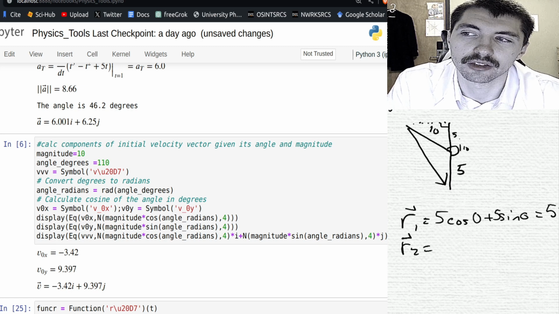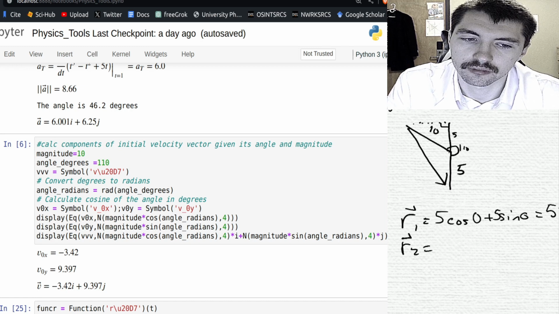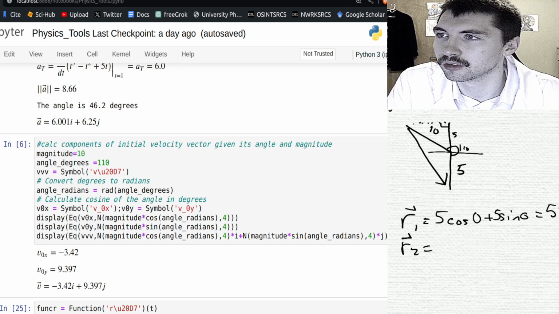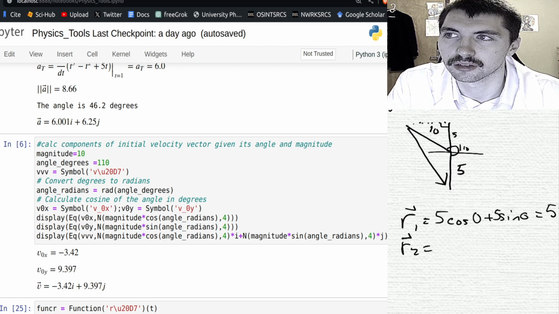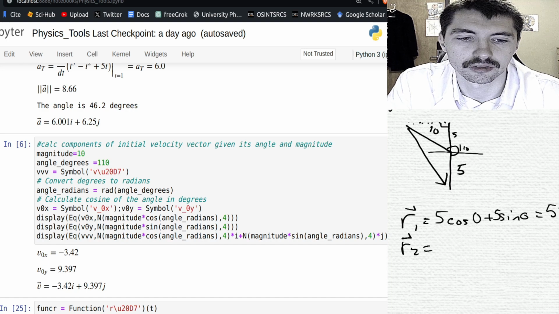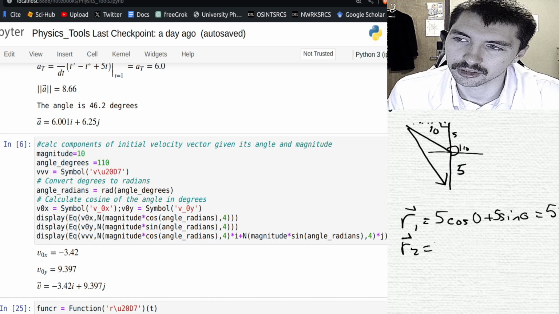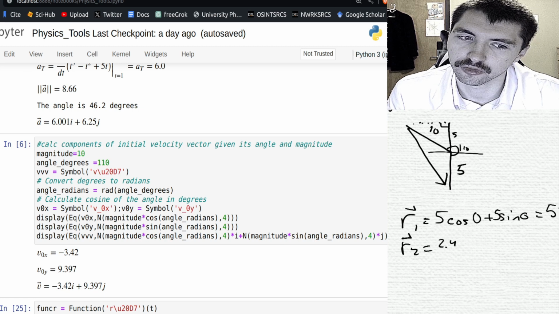I don't know if that's what we need though. I'm thinking it's like this would be from the origin, but we already started at 5, so it would be here plus 5. So shouldn't it be 2.4?